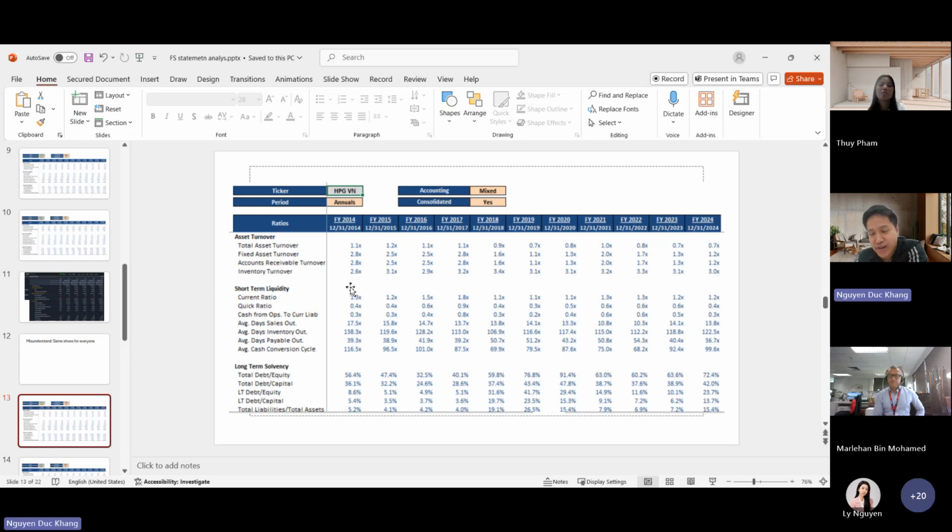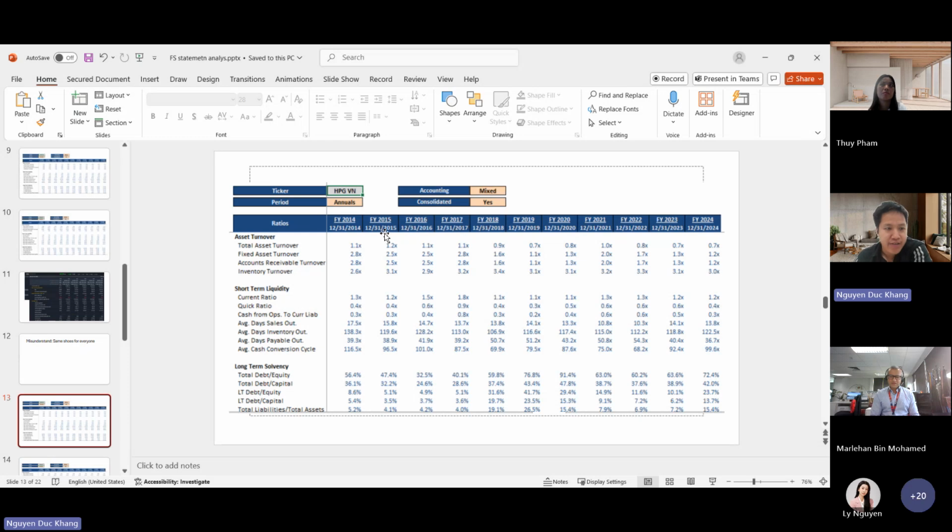But using leverage sometimes may be dangerous. So how much? If you don't use leverage, this could lower your return. So we can look at the ratio of total debt and equity.